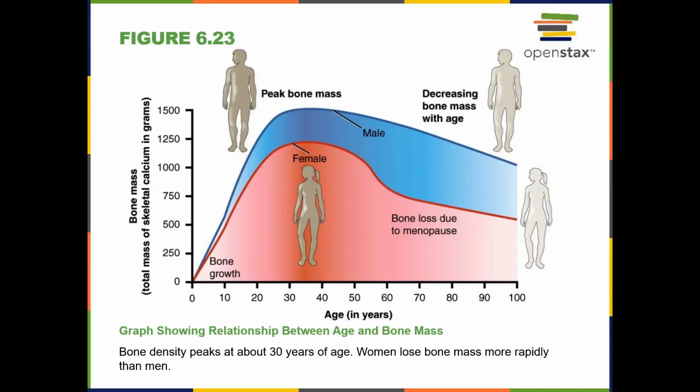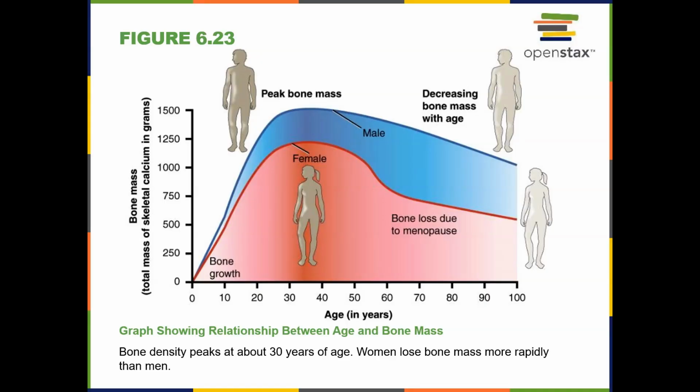There's normally an increase in bone density throughout early years of life that peaks around 30 years of age and then declines afterward. A variety of factors can contribute to the rate of the increase or decrease in bone density.